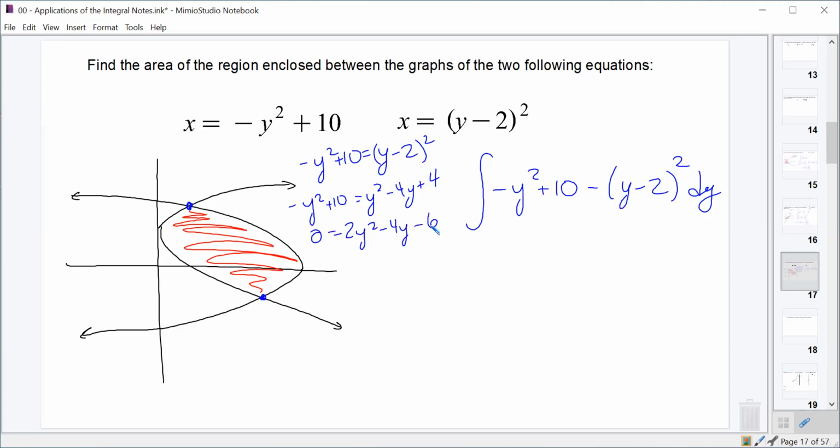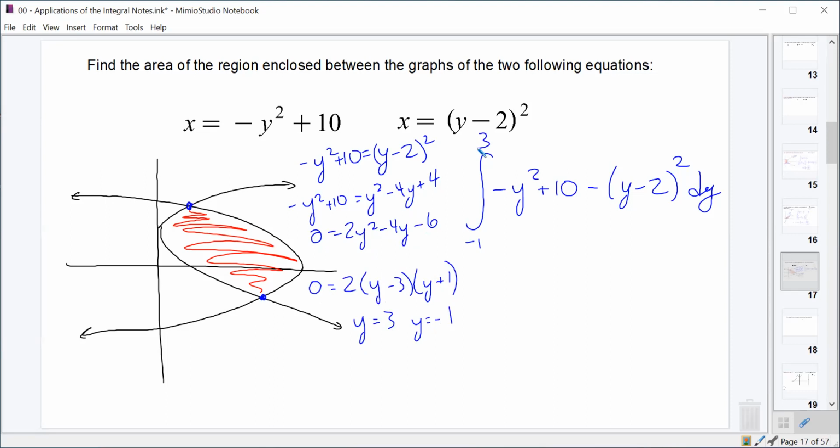And as we go through and factor that out, we get 0 equals 2 times y minus 3 times y plus 1, telling us that the upper intersection point is when y is 3, and the lower intersection point is when y is negative 1. So we'll throw those in as our limits of our integral.